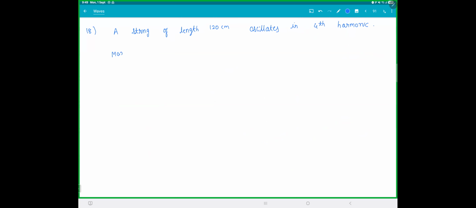Maximum amplitude is 4 mm. Find the minimum distance between 2 points with amplitude 2 mm. So there will be multiple points with amplitude 2 mm.